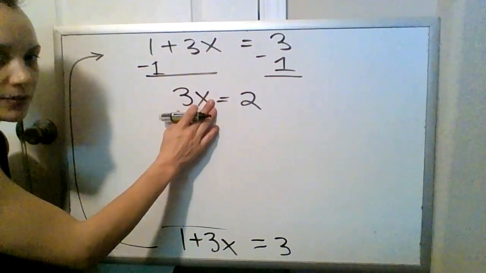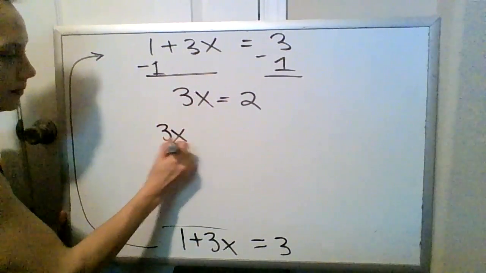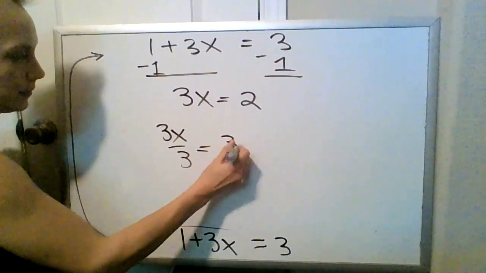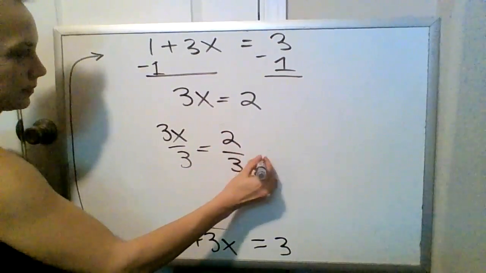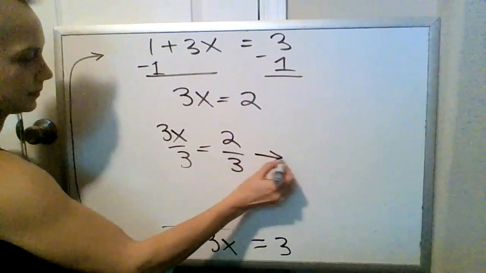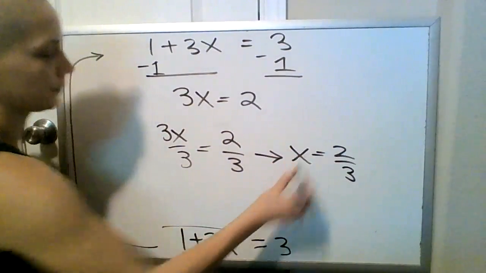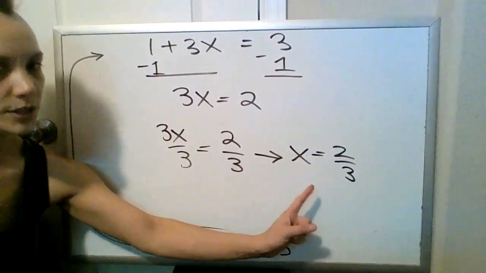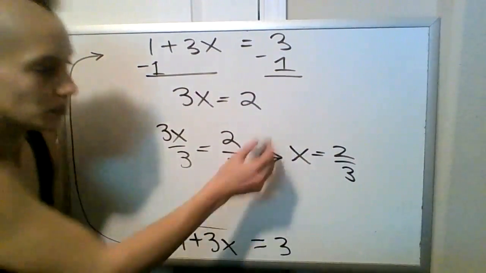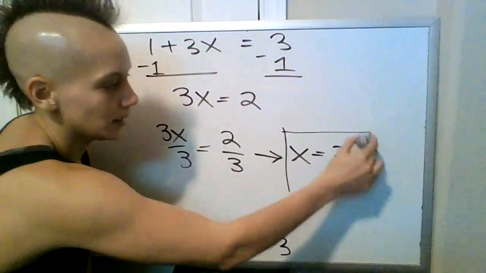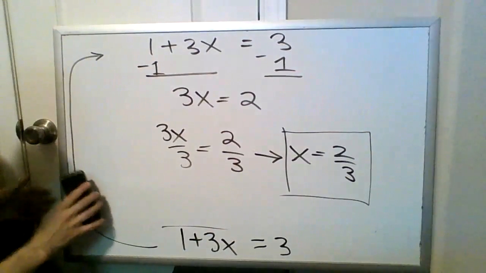And then you're solving for x. So divide both sides by 3. So I have x equal to 2/3, and I should check this in the original equation, but I'm going to go ahead and let you know that I did check it earlier today, and it is a solution.